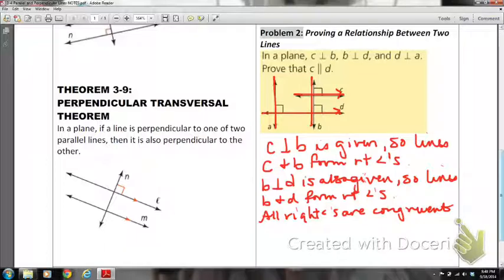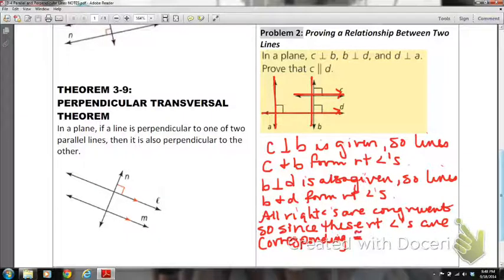And so since these right angles are corresponding angles that are congruent, we can say that C is parallel to D by the corresponding angles converse.